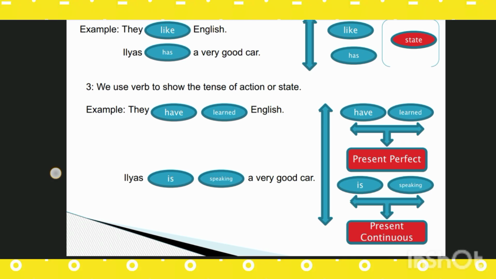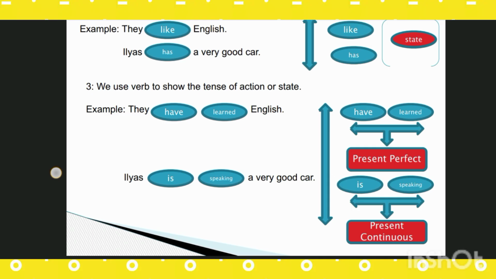Have, we will be learning in the previous structures. But it's very important for you to learn easily. Examples: they have learned English. Have learned, it is both, present perfect.